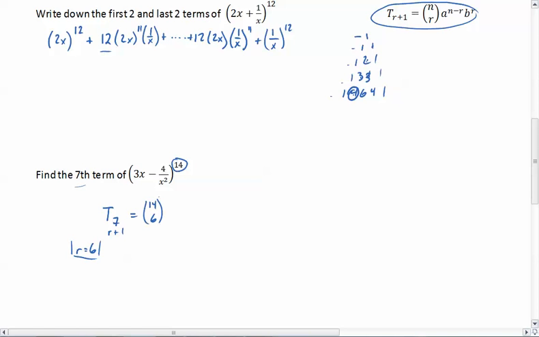This, remember, is the binomial coefficient, nCr, otherwise written as C with the n up top and the r down below. That is an r, and that is an n. Then we go times a, which is 3x to the n minus r, times b, which is 4 over x squared, all to the r power. And for this situation, we already said that was 6. And so we've got it written out.